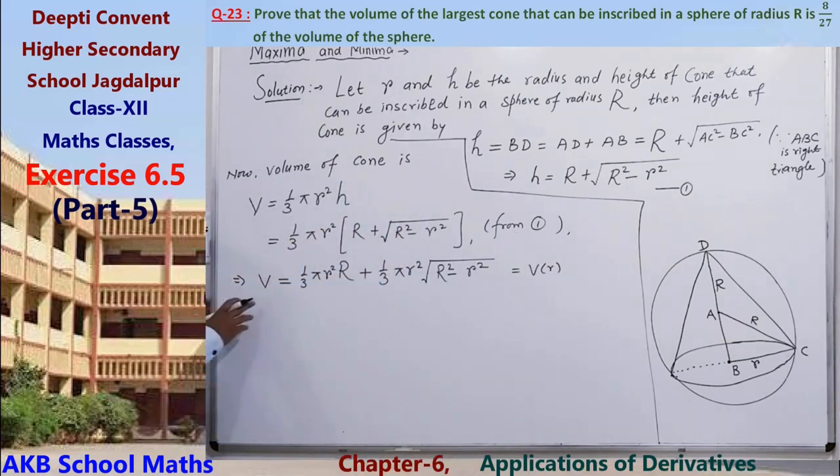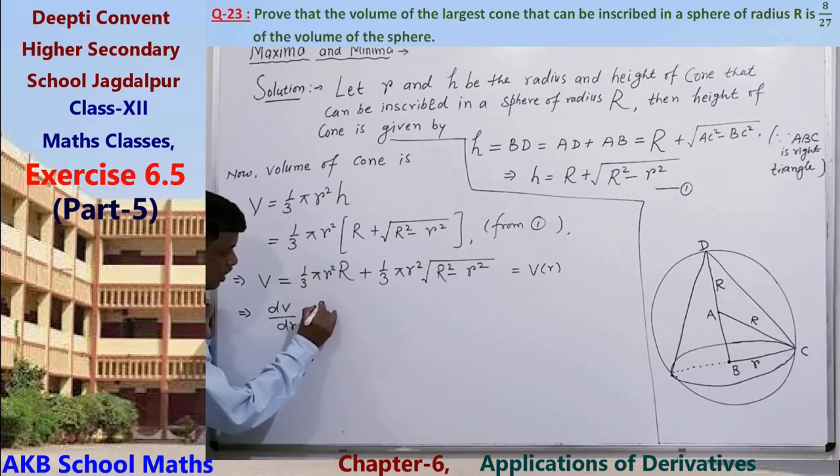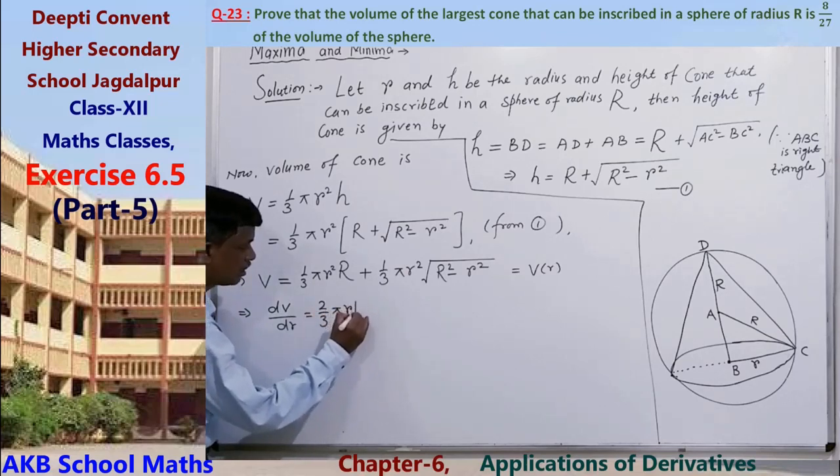So differentiate it for maximizing, that means for maximum or minimum. So the derivative is required. We have to differentiate it, d upon dr. This is a constant, so r square gives 2r, so 2 by 3 pi r.